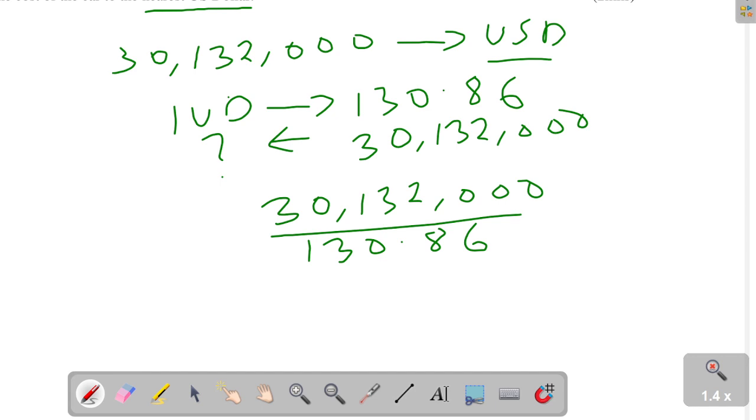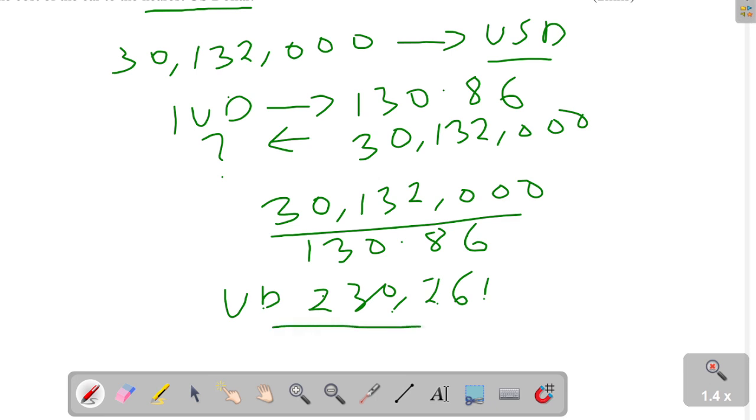So basically now we are going to take the 30,132,000, then we divide by 130.86, and that gives us 230,261.34. That is going to be USD 230,261.34, but we are required to round to the nearest dollar.